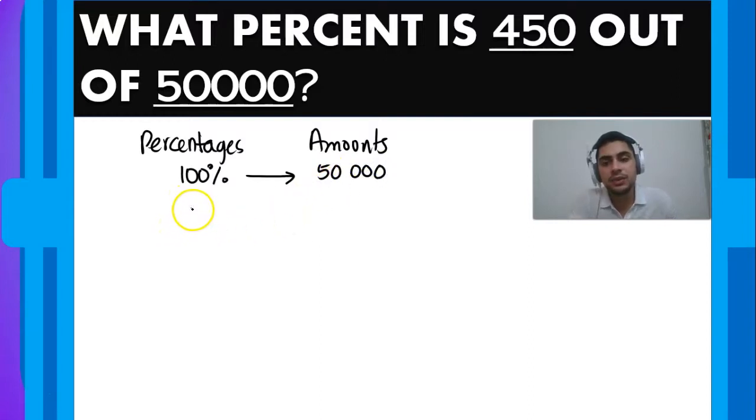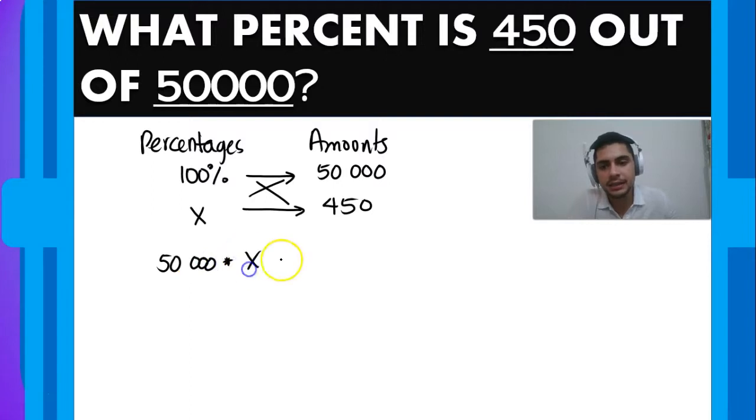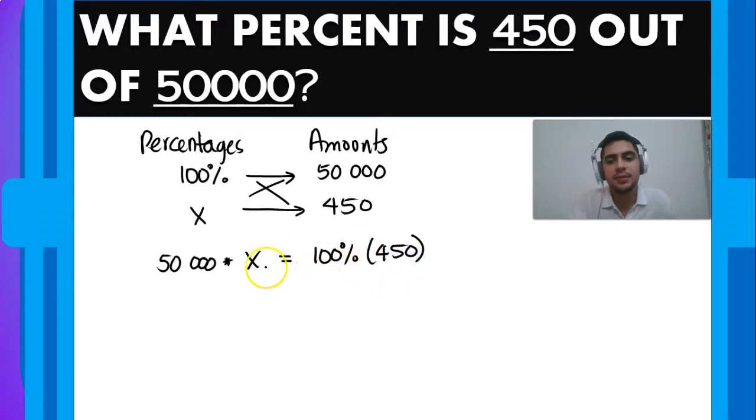And then the unknown percentage, because we don't know it, is going to be 450. And now you just cross multiply. So you're going to multiply x times 50,000. So it's going to be 50,000 multiplied by x. And that is going to be equal to 100% multiplied by 450, right?